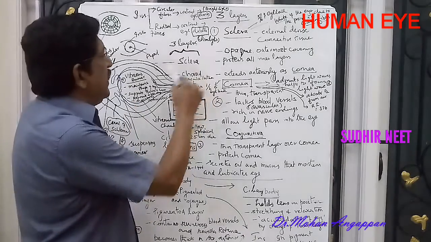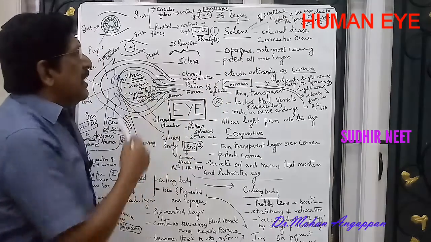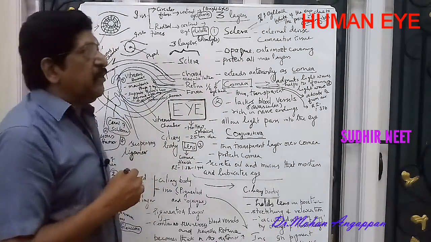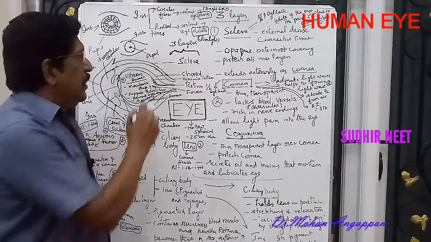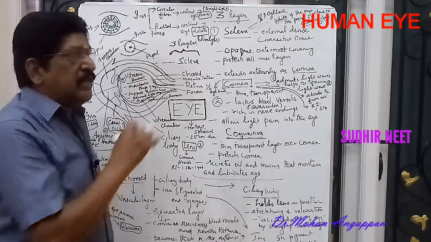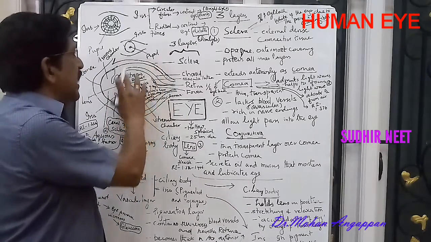The sclera is the external dense connective tissue layer, and it is opaque. It is the outermost covering of the eye, and it protects all the inner layers.